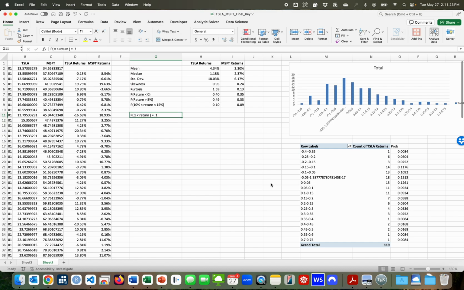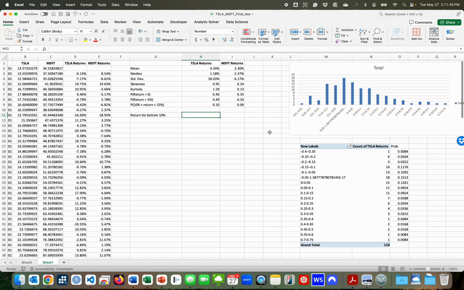Another way of writing that, I don't like that notation, I'm just gonna call it return for the bottom 10%. So when you see it written like this, what I'm looking for here is the return such that the probability of being less than that is 0.1.